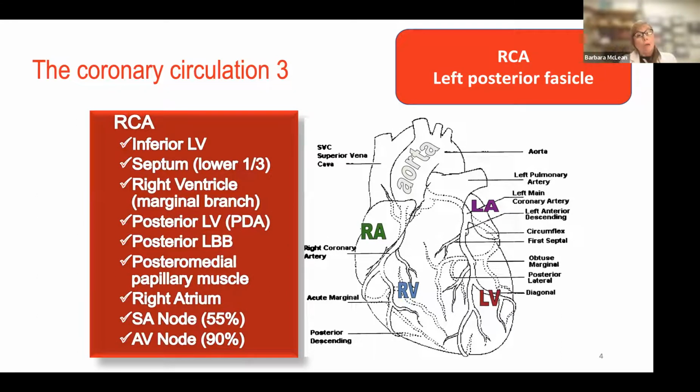And then the right coronary artery, always really important for us to remember, may supply the posterior surface and provide blood flow to that posterior fascicle. So left-sided circulation is responsible for absolutely everyone's left anterior fascicle and right bundle. And the posterior dominant circulation for most people is the RCA, which supplies the posterior fascicle.